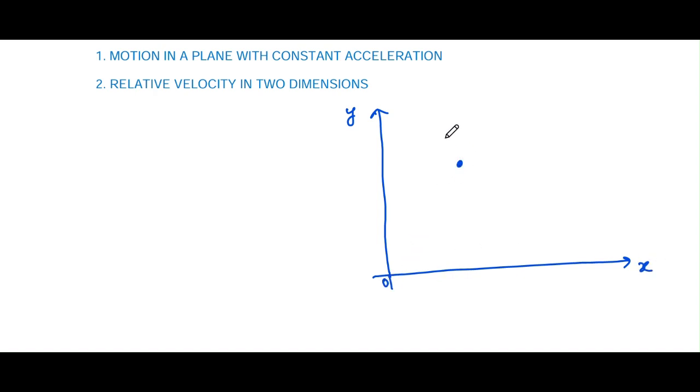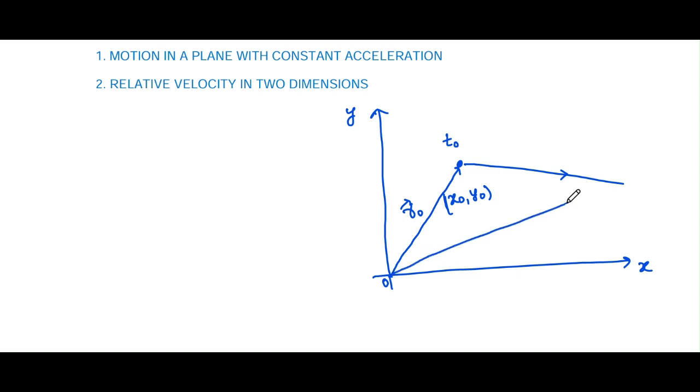So at time t equals to t naught, let's say its position is x naught, y naught in terms of coordinates, and then we can write position vector also here. Let's say this position vector is r naught, and after some time at t equals to, let's say, t, the new position is r and coordinates are x and y.